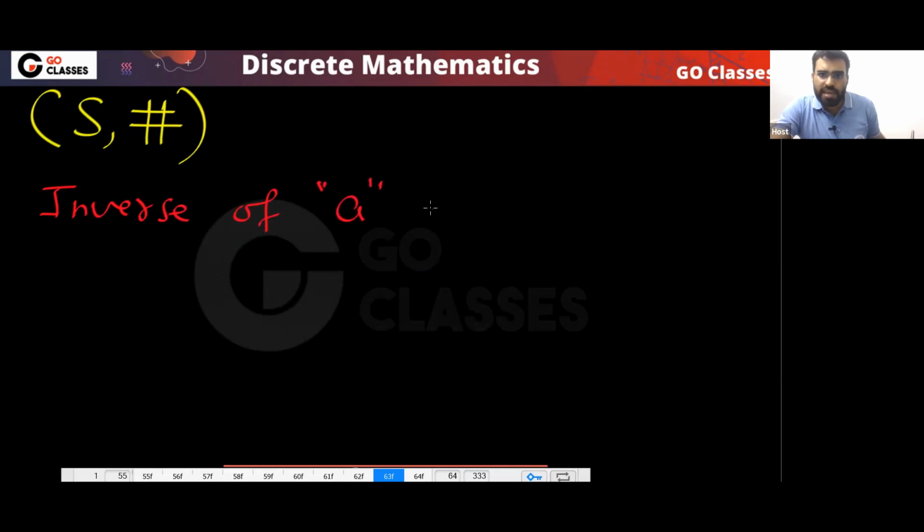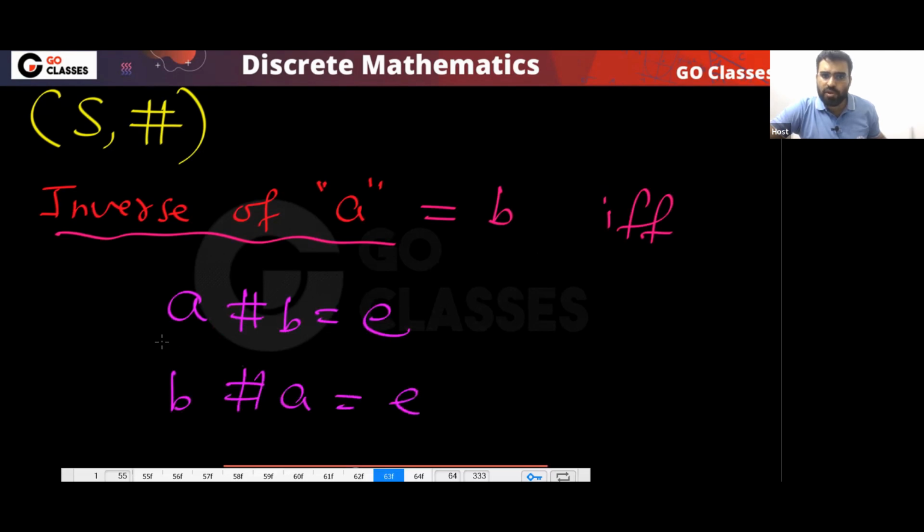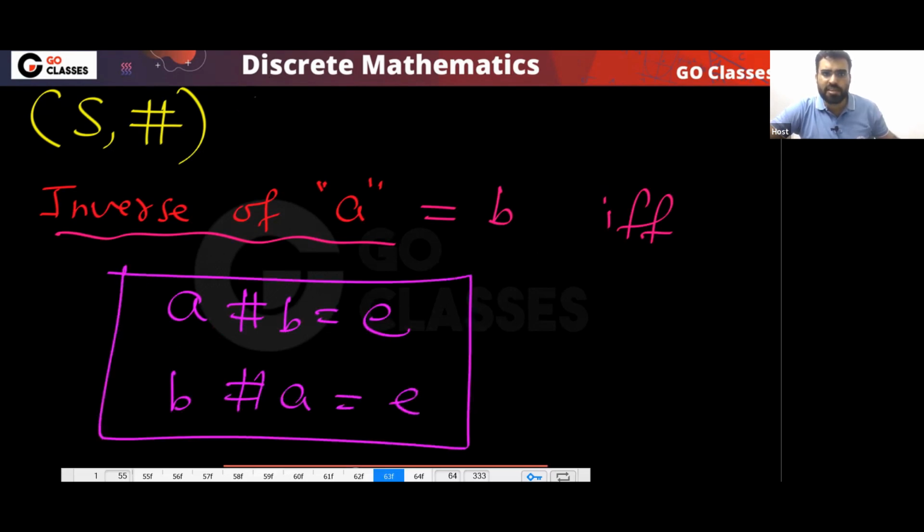Let's assume the inverse of A is B. Inverse of A is B if and only if two things happen: A hash B is equal to the identity element, and B hash A is equal to the identity element. Both these things should happen.